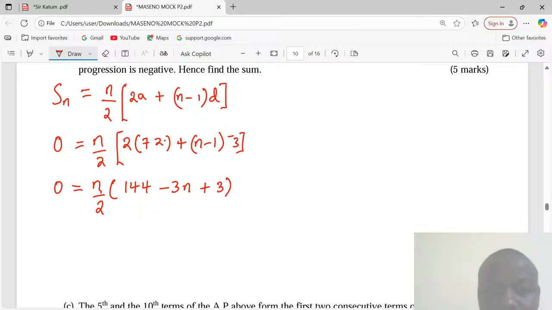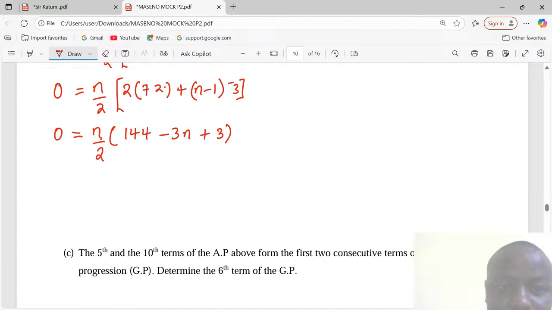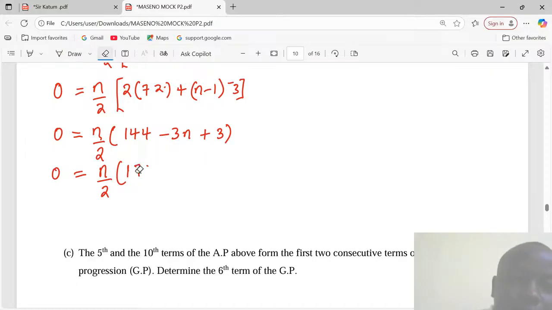We can do some grouping of terms here and say 0 equals n over 2 times (147 minus 3n).